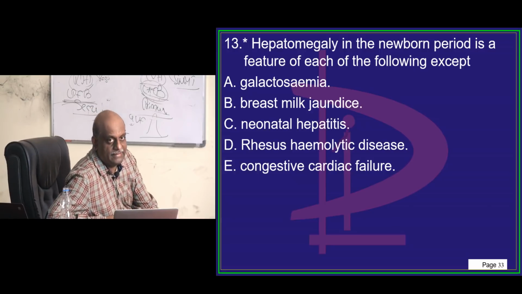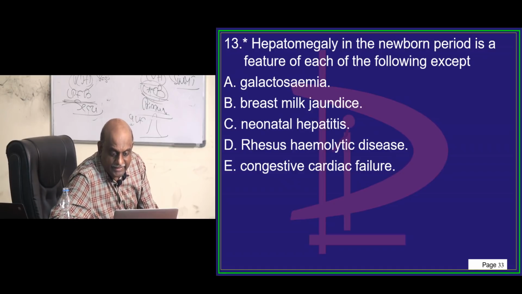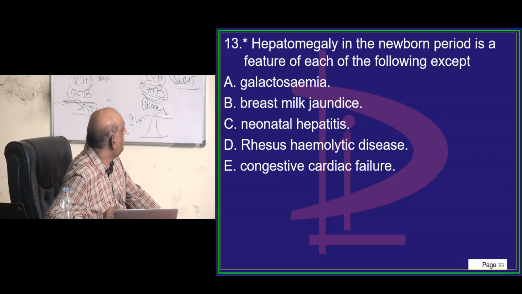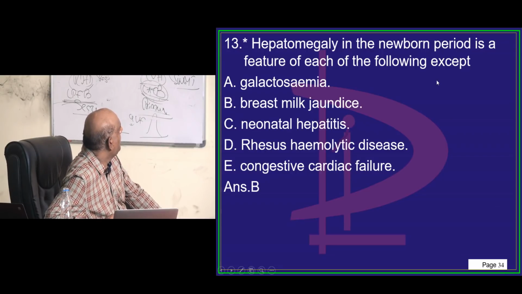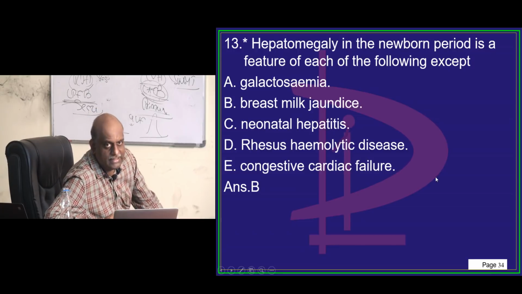Very good. Sridharan, Soundarya, Chandan, Veerappan, you're all differing between B and D. It is breast milk jaundice that is the exception, but otherwise galactosemia, neonatal hepatitis, hemolytic disease, congestive cardiac failure, anything can present with hepatomegaly is what you should remember.